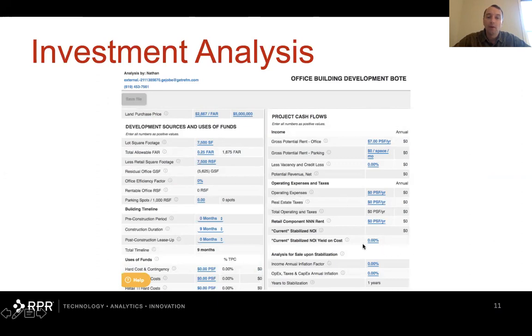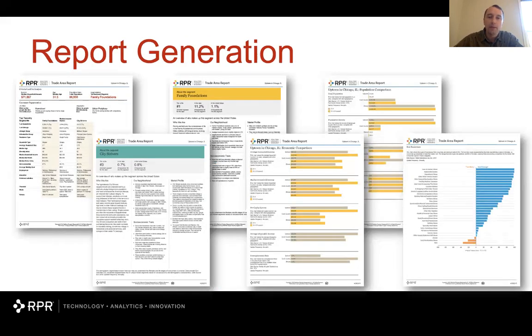And then it'll show you what the stabilized NOI and yield on cost are, which is your indicator as to whether or not it's worth pursuing the project. So it's a great first step to see if an idea or a development concept pencils out, whether it's worth starting to bring in engineers and city planners and actually spend some hard cash on a project. Of course, we do tons of reports.